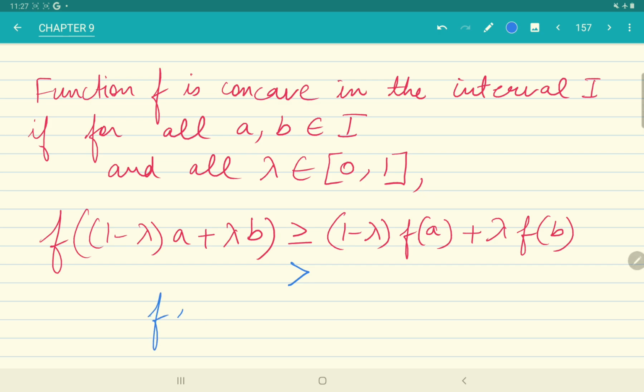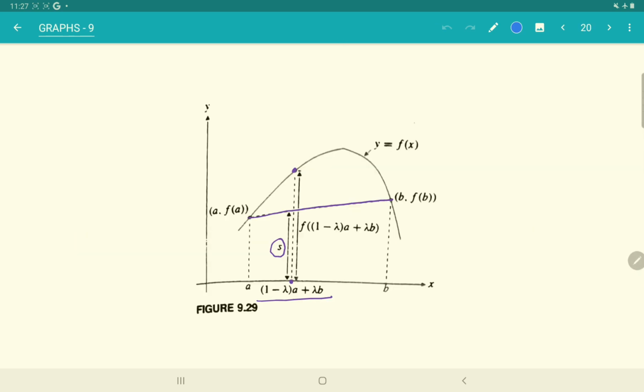What it means is that if you have a line segment joining any 2 points on the graph, the graph of f is actually strictly above that line. Also, in fact, if I look at this diagram here, the function is strictly concave, because what we see is that the graph of f is strictly above the line segment joining the 2 points on the graph.